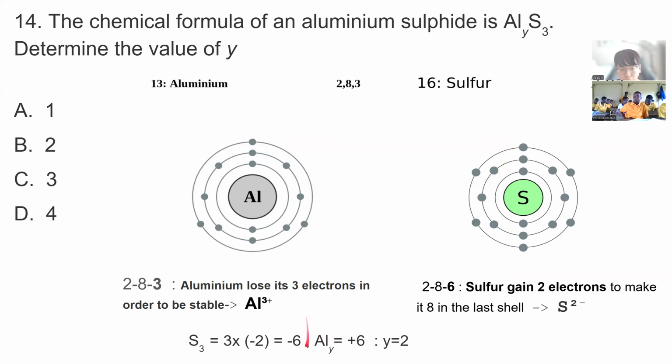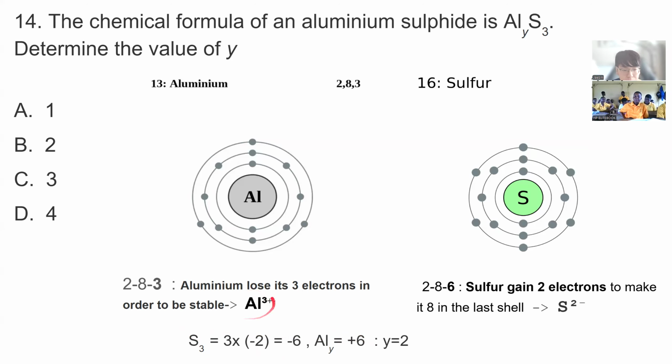So aluminum must have a +6 charge to cancel the -6 charge of the sulfur ions. So we have Al_Y equals +6.